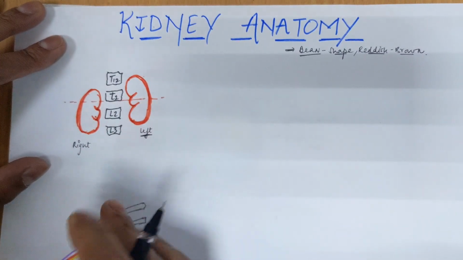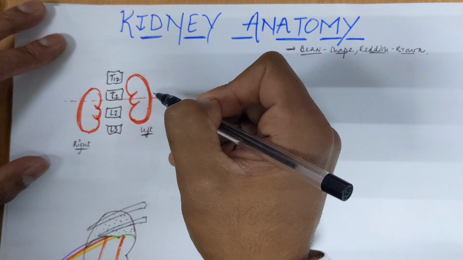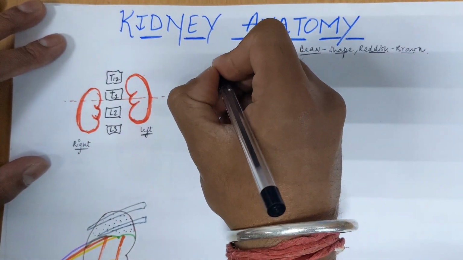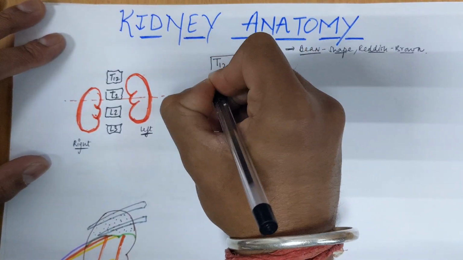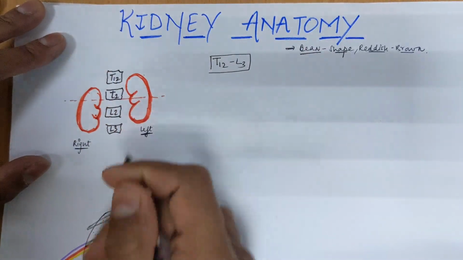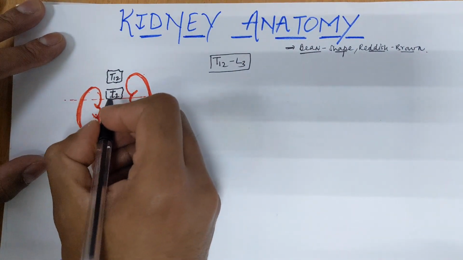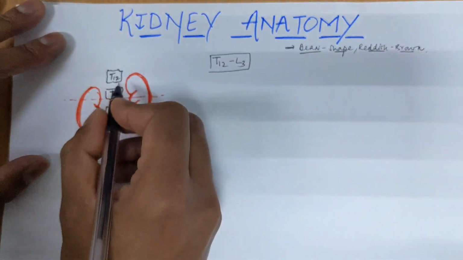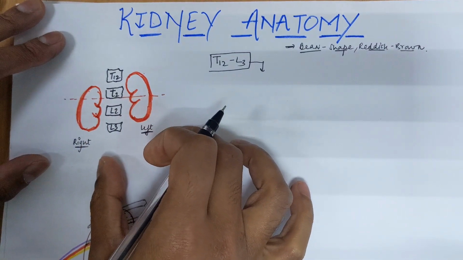From left and right you can see the positions of the kidney. As we talk about skeletotopy, it lies from T12 to L3 vertebra, so thoracic 12 till lumbar 3. But the right kidney originates from L1 and the left kidney from T12. This is a major difference between the left and the right kidney.